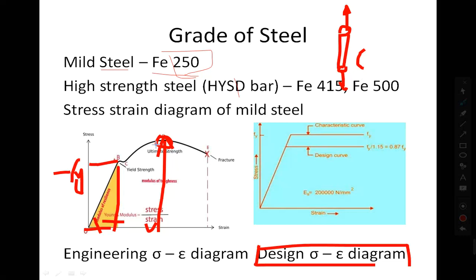If I consider the actual stress strain diagram, it is very difficult to solve the equations, and the analysis and design become unnecessarily difficult. So these idealized stress strain diagrams are considered for analysis as well as design, not the actual ones.